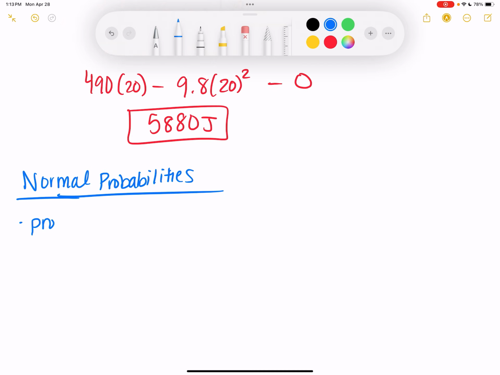Now, the probability density function. Ooh, whoa, I don't know what that y was. It was deformed. Density. You know what?